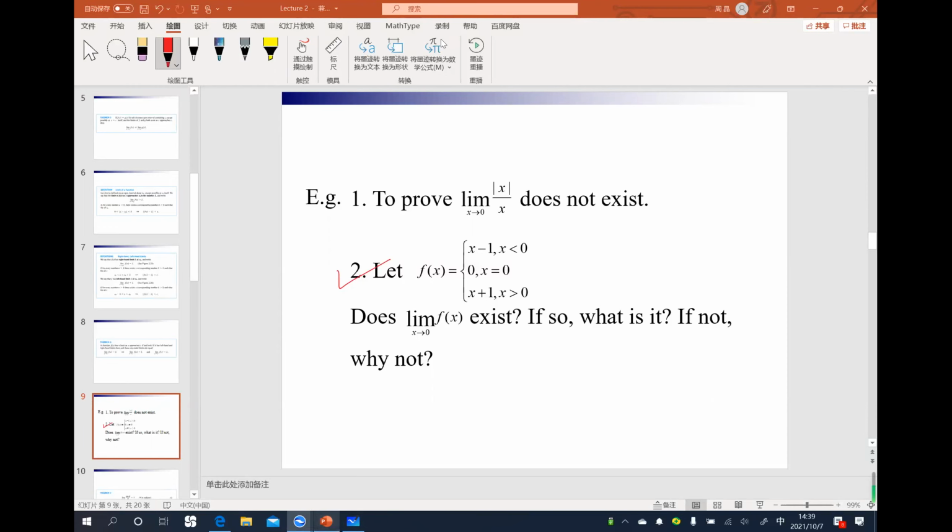I have pointed out some mistakes in the WeChat group. And I think the question is not so difficult, but you have to pay attention to the writing.